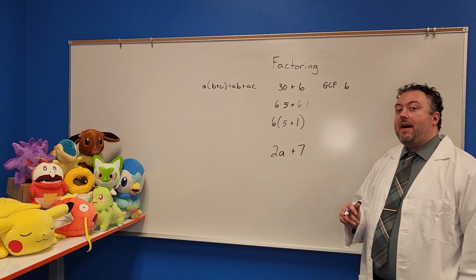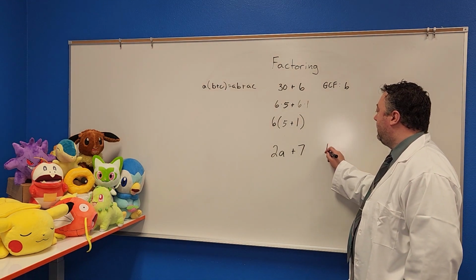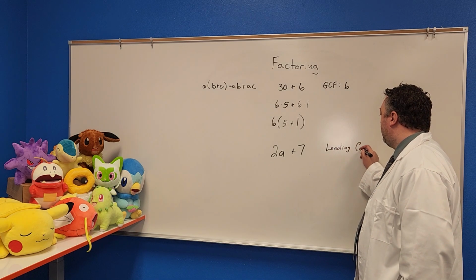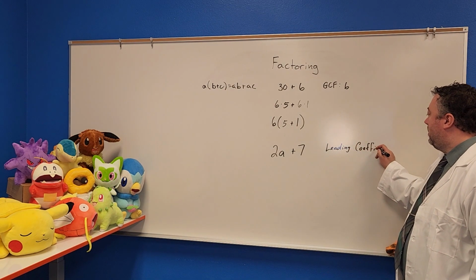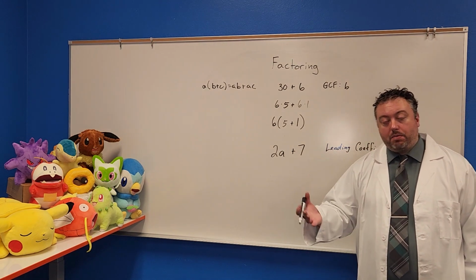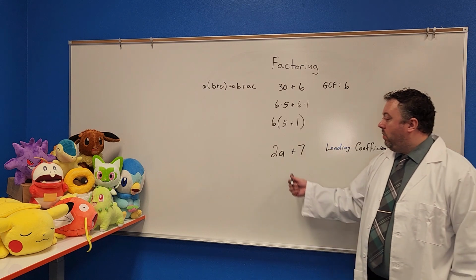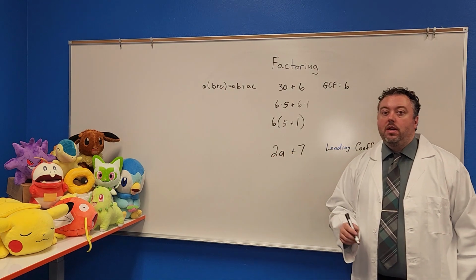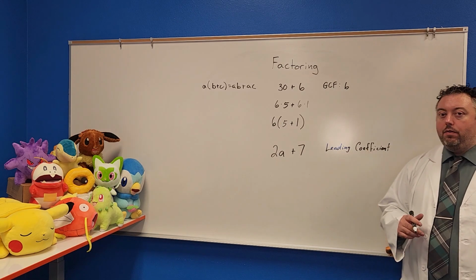And now I want to factor out what's known as the leading coefficient. Now, when we talked about the structure of equations, this also applies to expressions. We know, since this is the only variable a, that 2 has to be the leading coefficient.